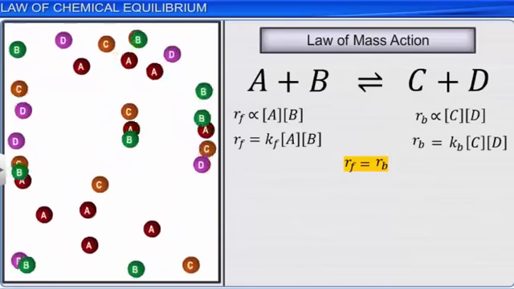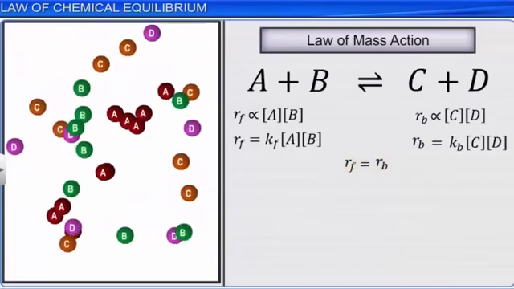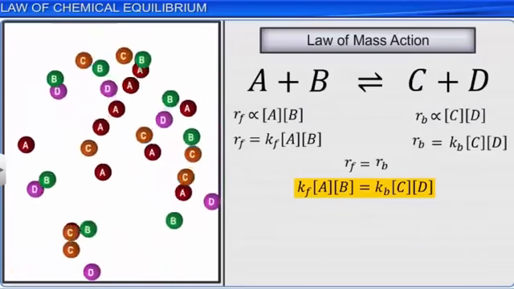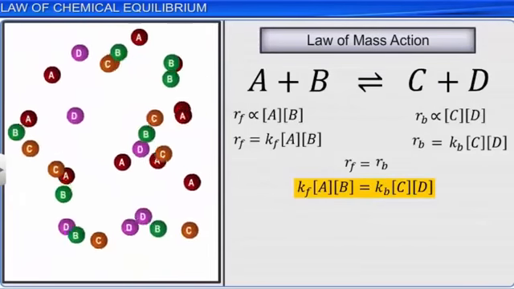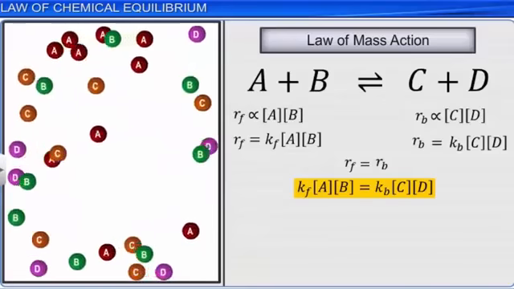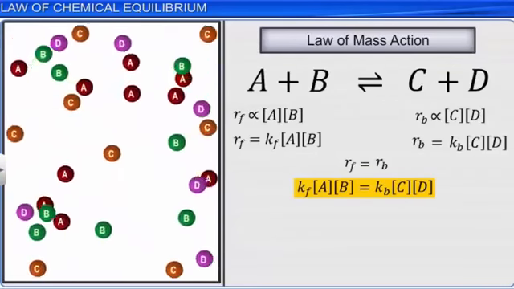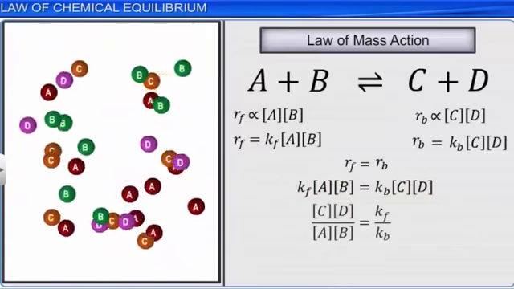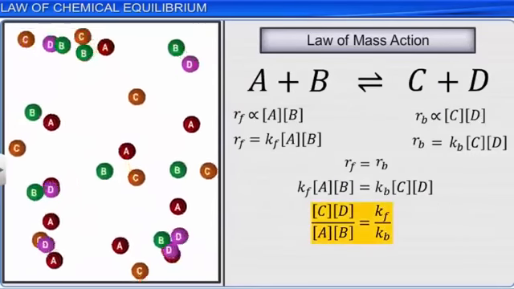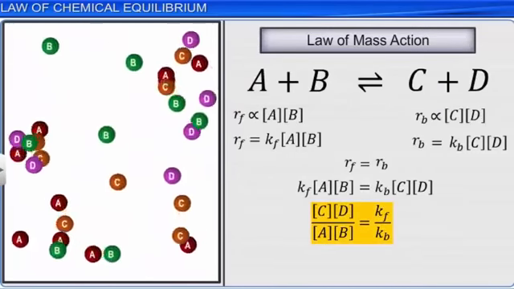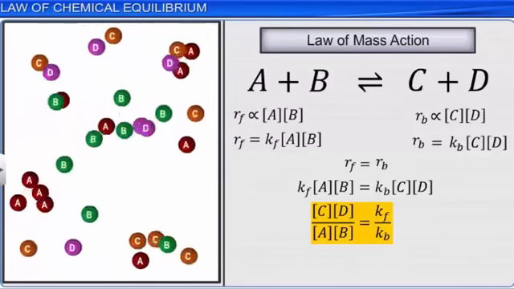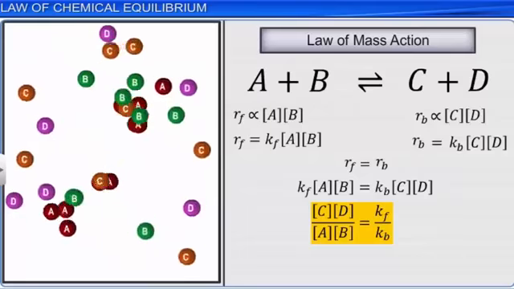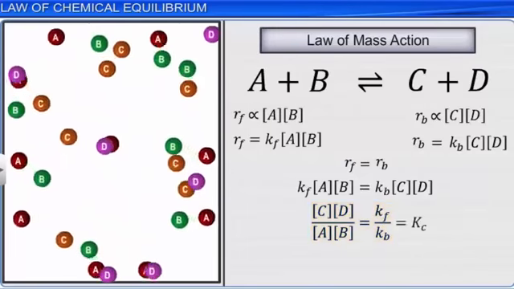That is, Kf multiplied by the product of concentrations of reactants A and B is equal to Kb multiplied by the product of the concentrations of C and D. Or, this can be written as the product of the concentrations of products C and D divided by the product of the concentrations of reactants A and B is equal to Kf divided by Kb, which is equal to a constant Kc.